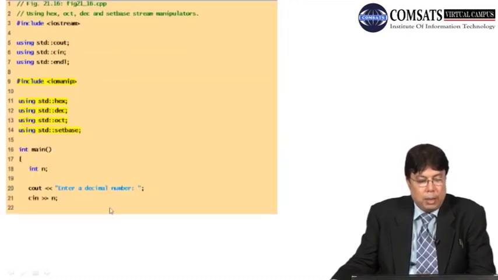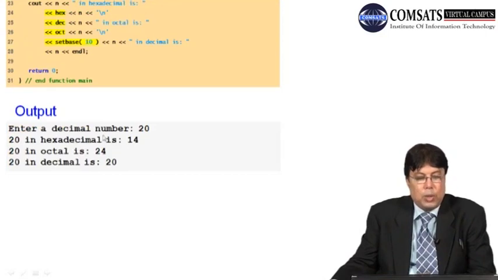Here we will read a number. Suppose you have entered the number 20. So you cout 20 in hexadecimal, which is printed with hex. So 20 in hexadecimal is 14. 20 in octal is, now it will print in octal because you have used oct, and 20 in octal is 24.